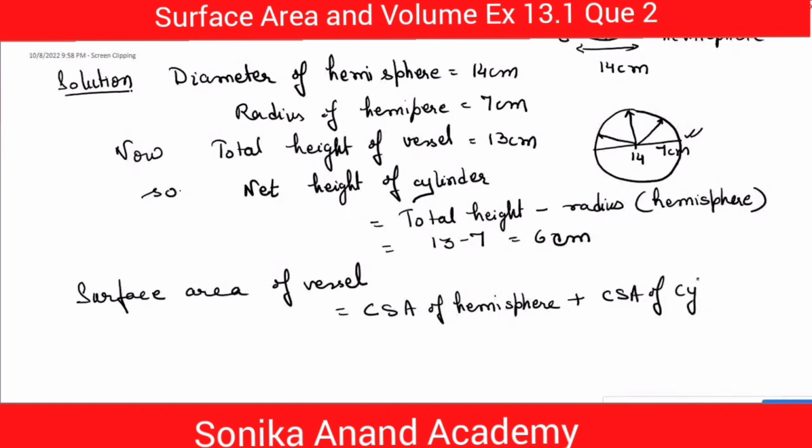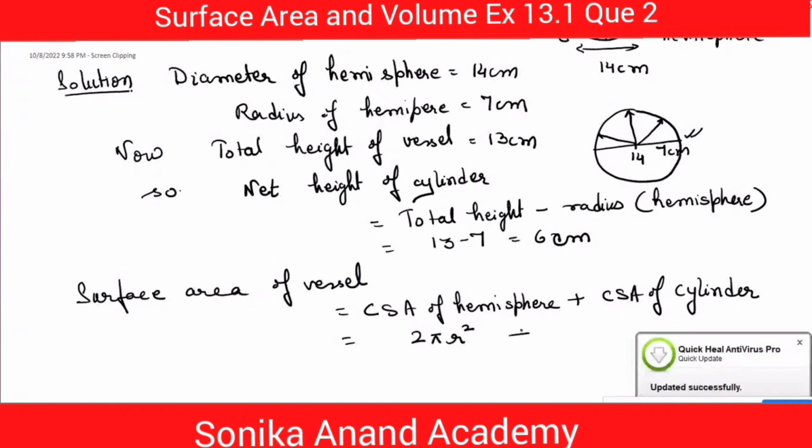We have to sum up both because they have different formulas. So what is the curved surface area of hemisphere? That is 2 pi r square. And curved surface area of cylinder, I told you earlier, 2 pi rh.